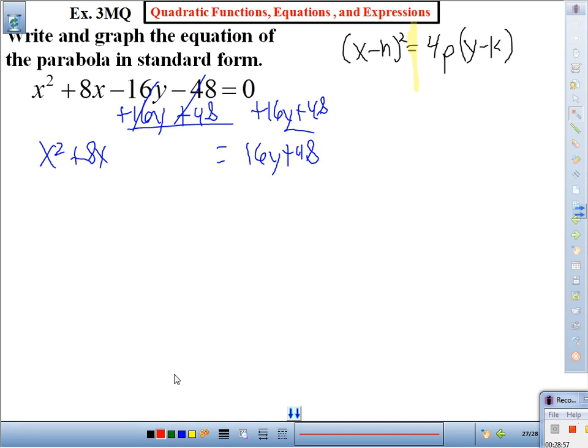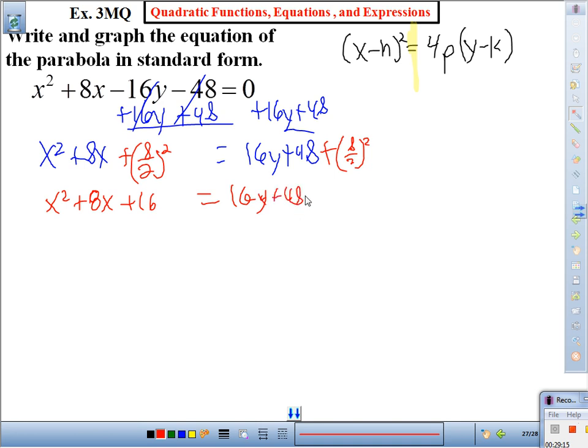Okay? We complete the square. What do we do? 8 over 2 squared to each side. Add 8 over 2 squared to each side. Simplify. X squared plus 8x plus 16 equals 16y plus 48 plus 16. Can I simplify this side? Yes. X squared plus 8x plus 16 equals 16y plus 64.